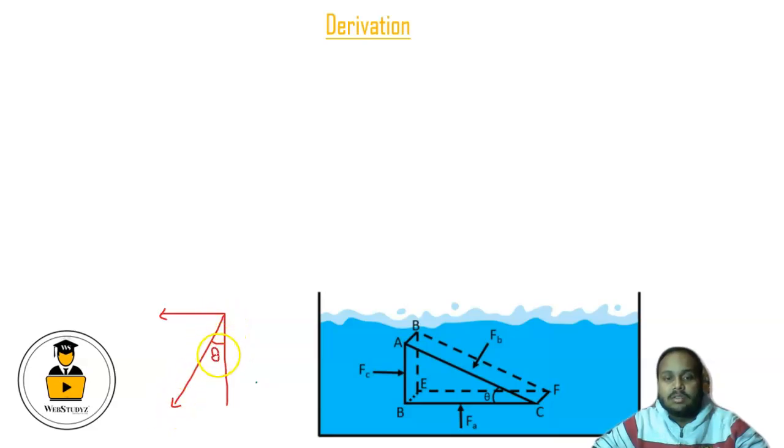Here we will have theta. This will be FB cos theta, because this is our FB. Similarly, this will be FB sin theta.